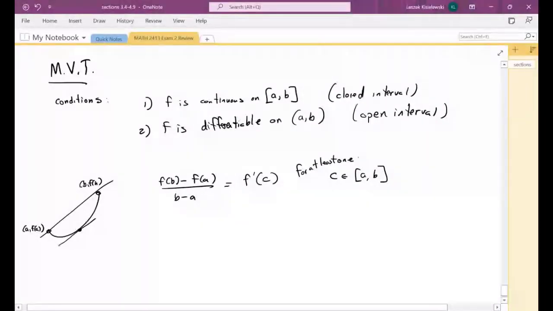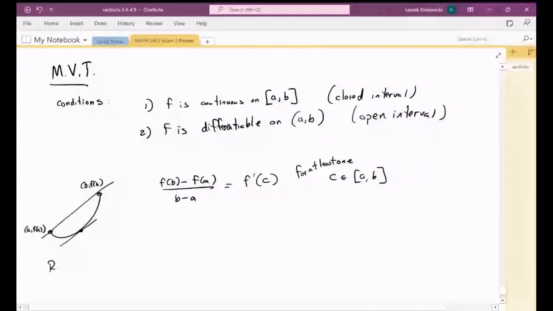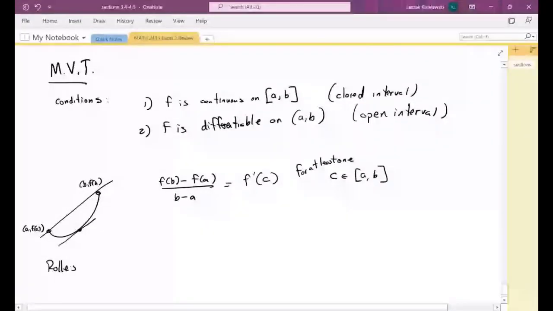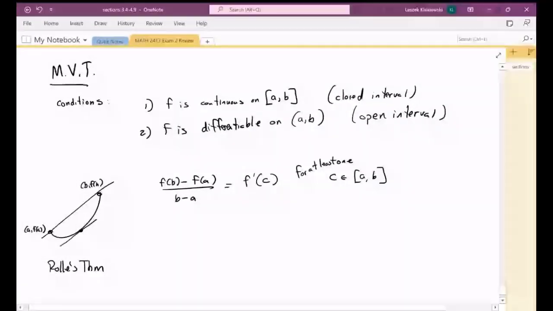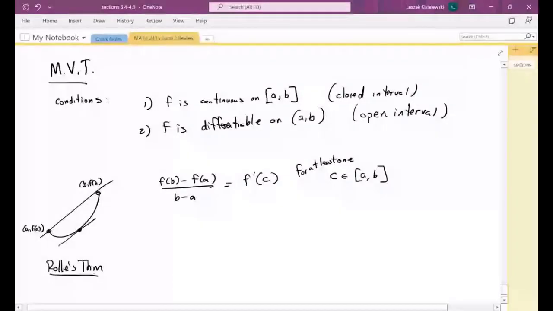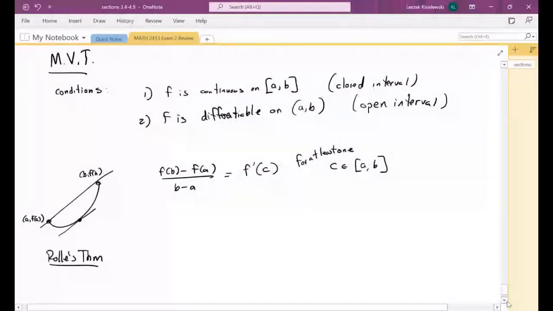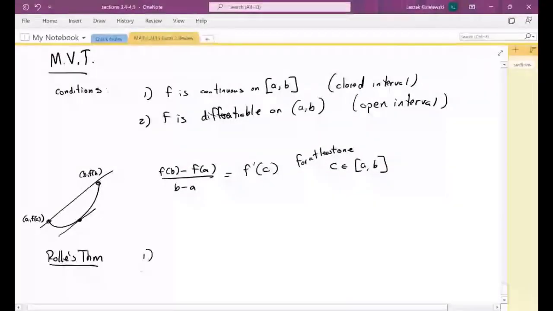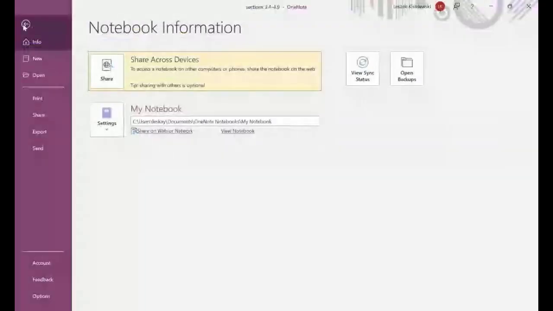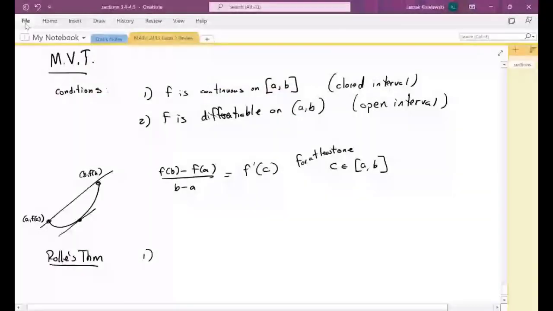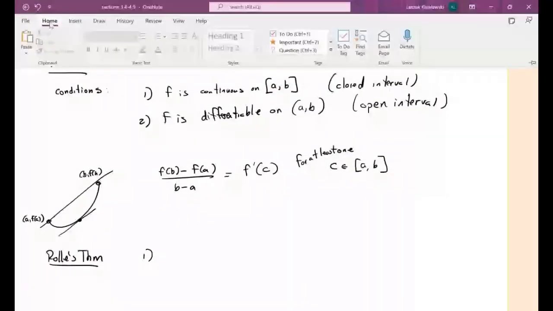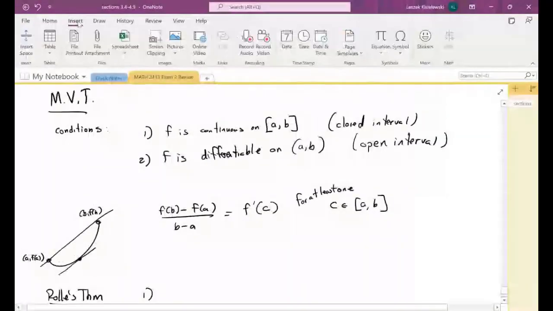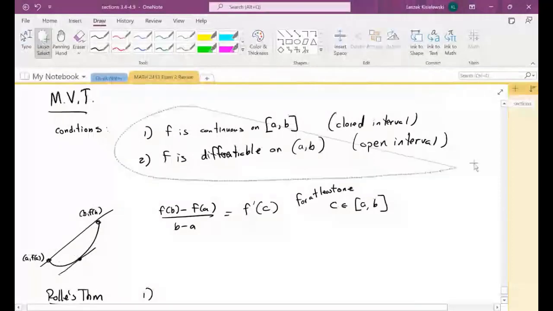Right, and what about Rolle's theorem then? Rolle's theorem is just a special case of mean value theorem. And why is it special, right? What makes it, if I just copy this, Rolle's theorem would just have an extra condition that needs to be met.